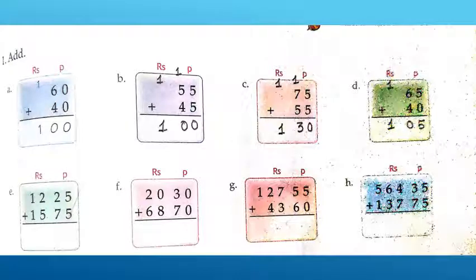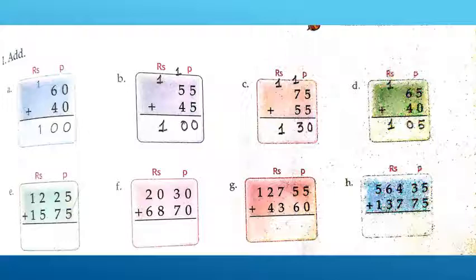Children, let's do some questions. Page 101, question 1, A part. Here you have to add 60 paise and 40 paise. So children, we start adding from the right side like ordinary numbers. So 0 plus 0 is 0. Write 0 there. Then 6 plus 4 is 10.